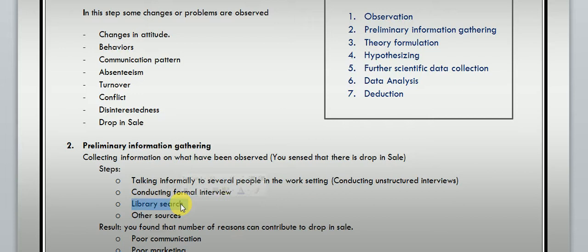Also, along with all the information you have collected from these first two sources, you also do some library search, where you study some books or articles or information on how sales can decrease and why sales drop, for example.